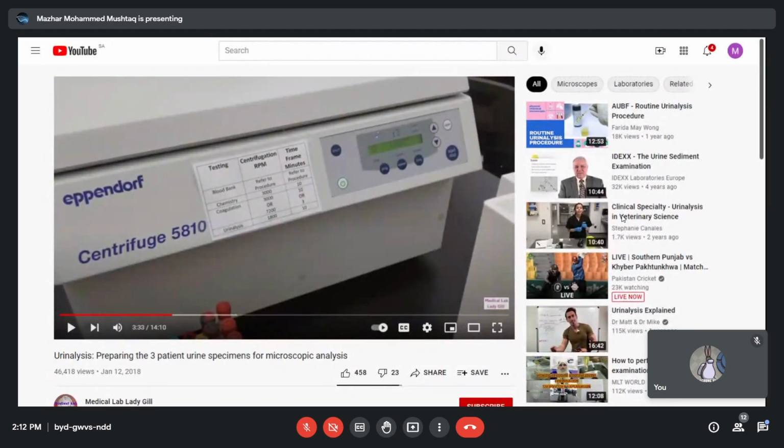This machine is spinning the urine sample at 1,800 rounds per minute, as written there. So in 1 minute, the machine is spinning 1,800 times, and this is done for 10 minutes.